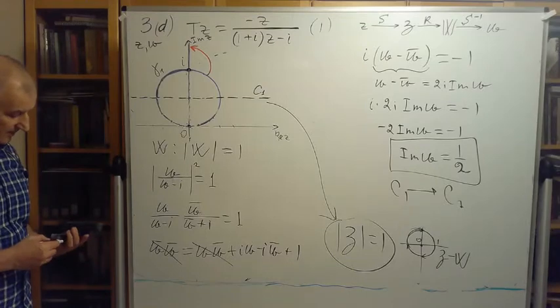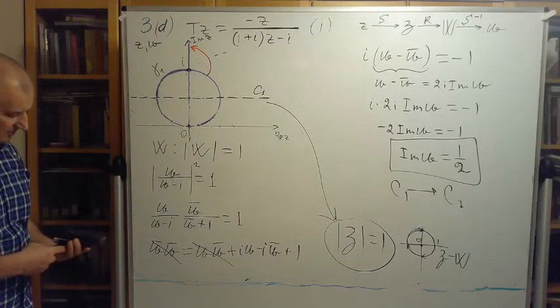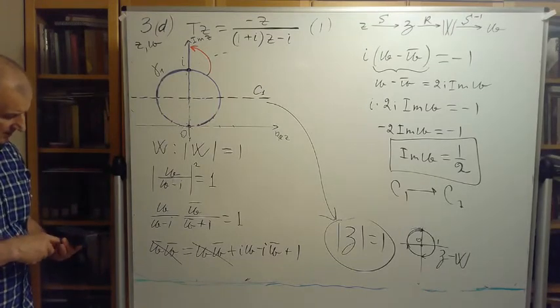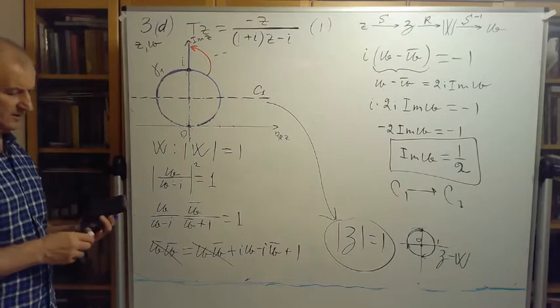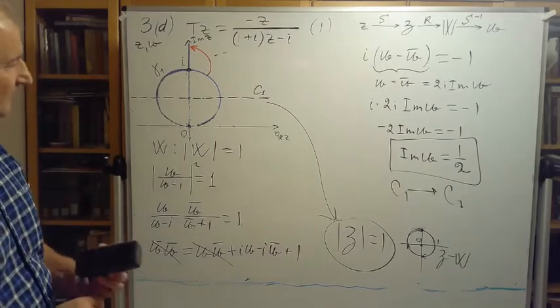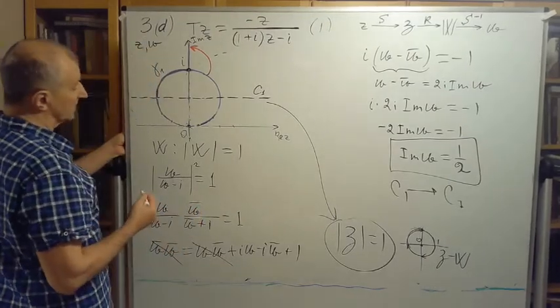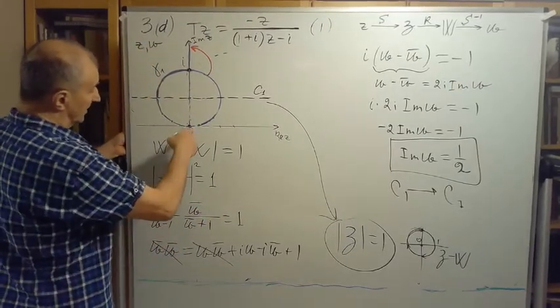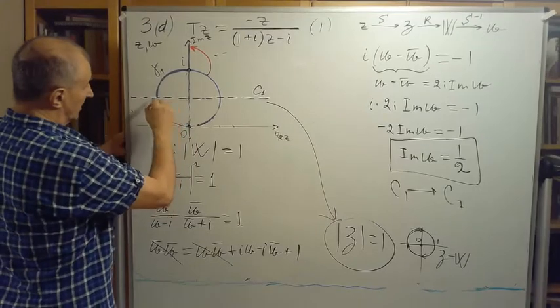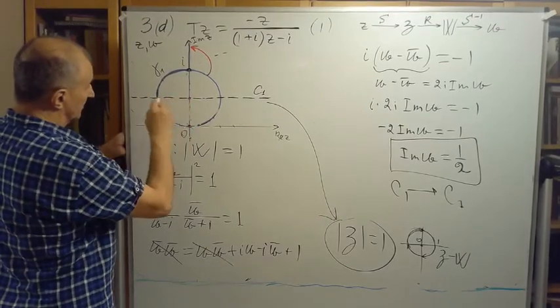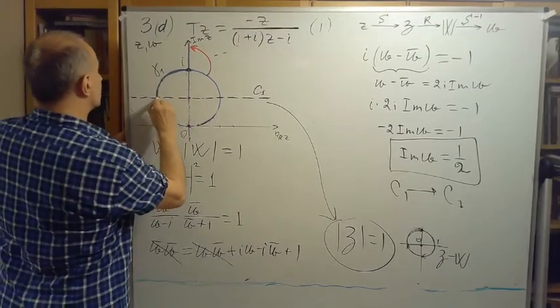So it is one of our Apollonius circles. And along these Apollonius circles we have a rotation through negative 90 degrees around the origin. Gamma goes into the imaginary axis. It will go this way.